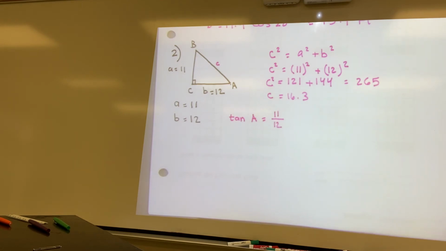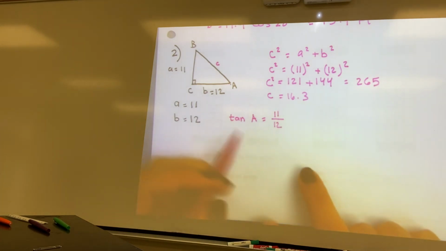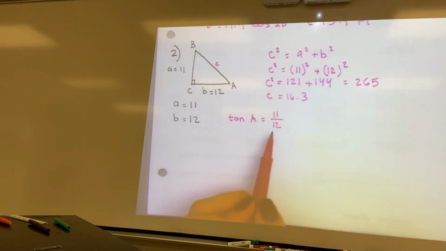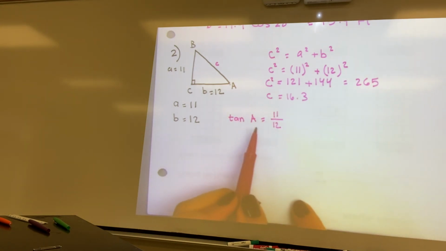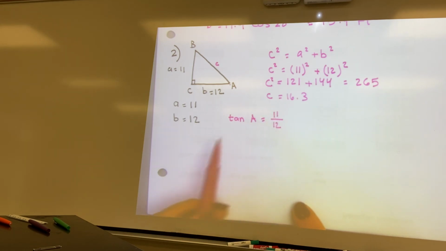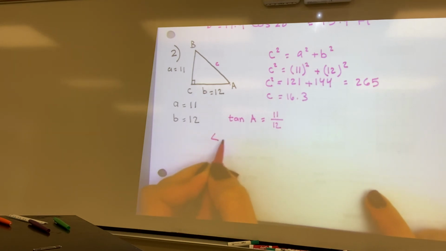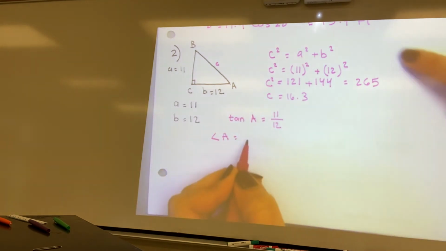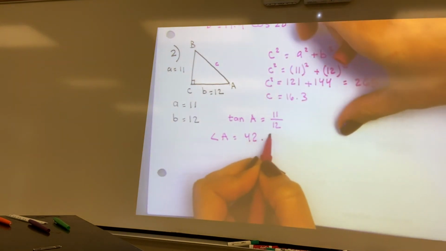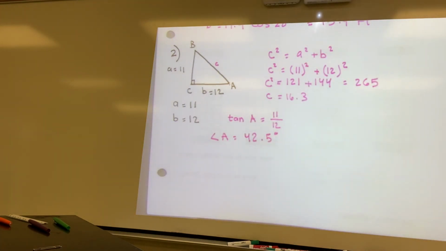Then we'll take the inverse function here. Remember that one that we used on the calculator? We said we use the inverse function when we know the value of the tangent and we want to find the angle. And in this case, angle A will be 42.5 degrees. I used the tangent inverse to find the measure of this angle.